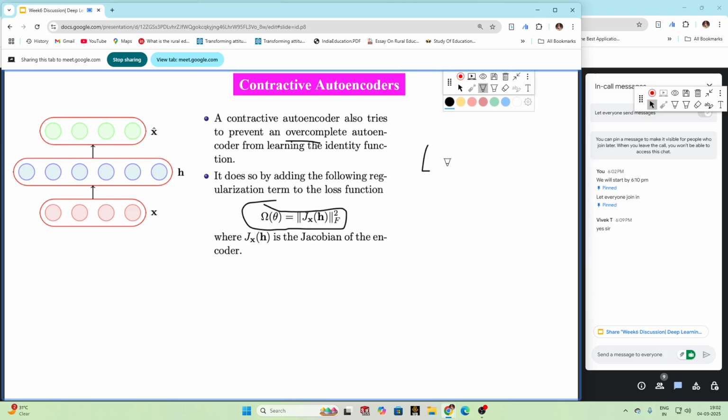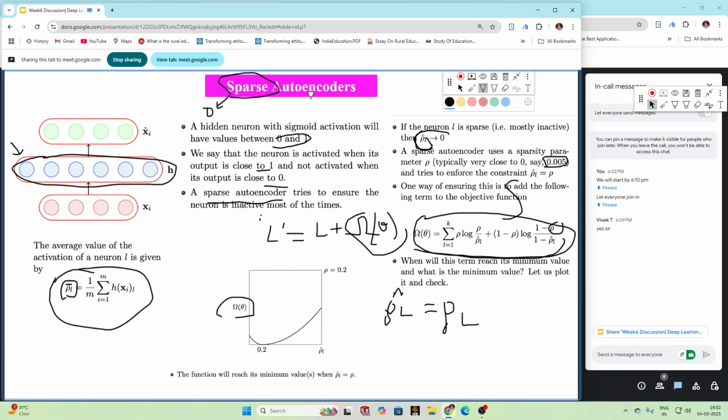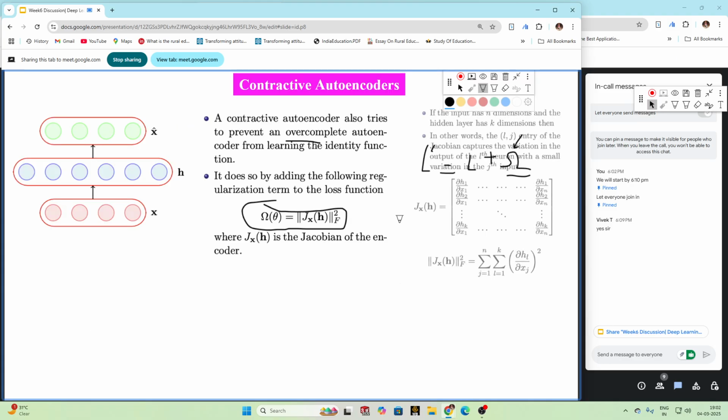So again I am repeating, earlier our loss was L, now our loss L dash will be equal to L plus another term, that is sigma. So we are adding sigma for all the regularization processes. For L2 regularization, we added this sigma in the form of lambda into theta square. For the sparse autoencoder, we added this regularization term, and now for the contractive autoencoder, we are adding this regularization in the form of the Jacobian matrix square.